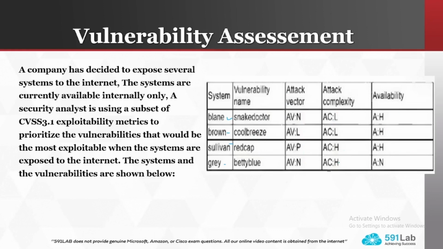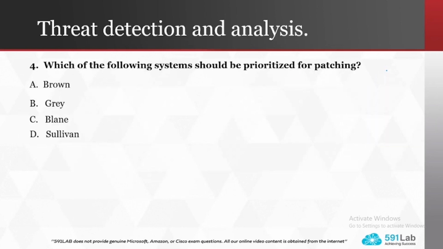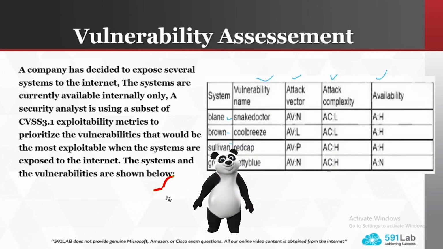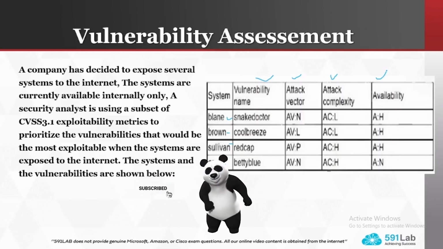Attack complexity: low, high, and availability is here. So we have been given some parameters or indicators. Which one of the following systems should be prioritized for patching? A, Brown; B, Gray; C, Plain; D, Sullivan.